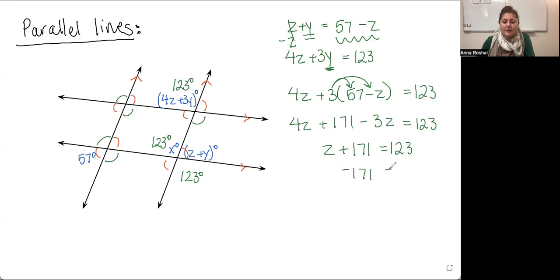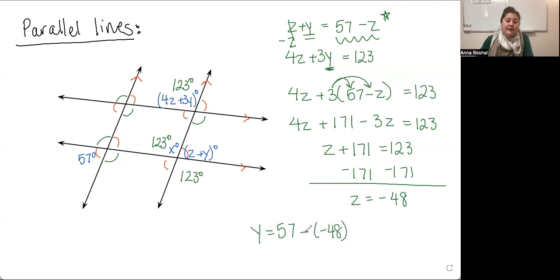We're going to subtract 171 from both sides. And just to make sure I don't do the math incorrectly and look a little bit fishy at you, I guess Z is negative 48. That must mean that Y must be a larger number than Z, which does make sense, because if we replace this Z in here with negative 48, we're going to say Y equals 57 minus negative 48.